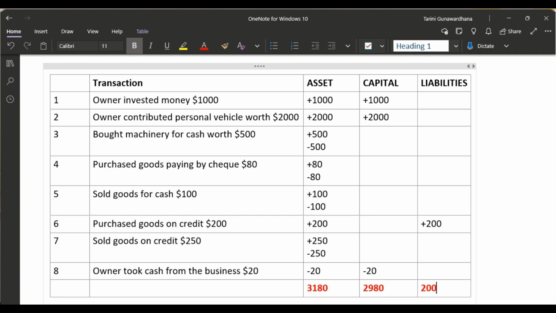Capital column sums up to 2980. Liabilities, it's 200. Altogether, capital and liabilities add up to 3,180. So the 3,180 on the right hand side of the equation tallies with the 3,180 on the left hand side of the equation.